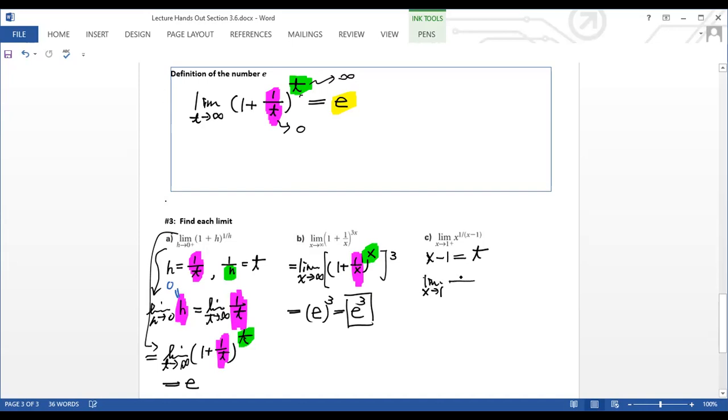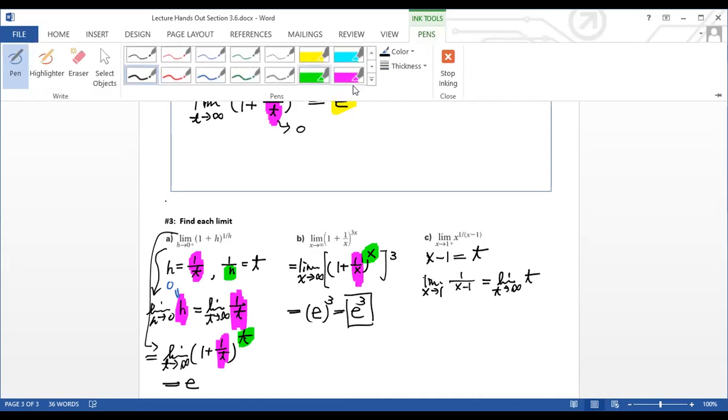Here the top is x minus 1, so when x approaches 1, this will be infinity. So this is equal to the limit as t approaches what number? Infinity here, correct?